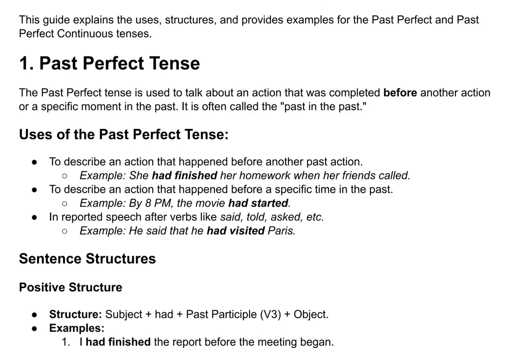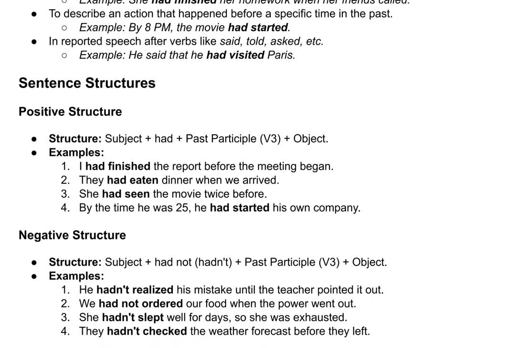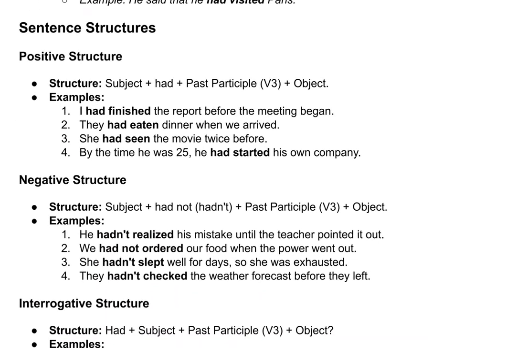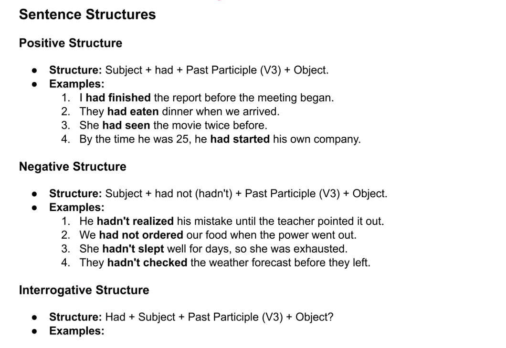So now let's discuss sentence structures. These are very important. Sentence structure is basically used for making a correct sentence. If you make a grammatically good sentence, then you are doing very well. But obviously, when you first study grammar, structure is very important and plays a key role in tense.